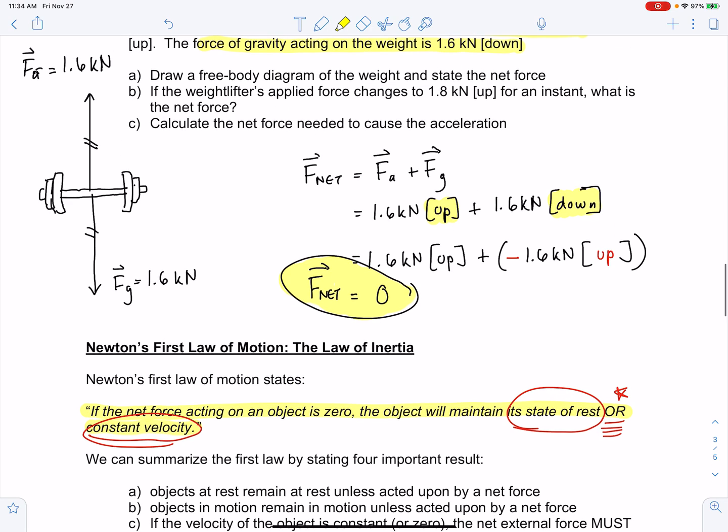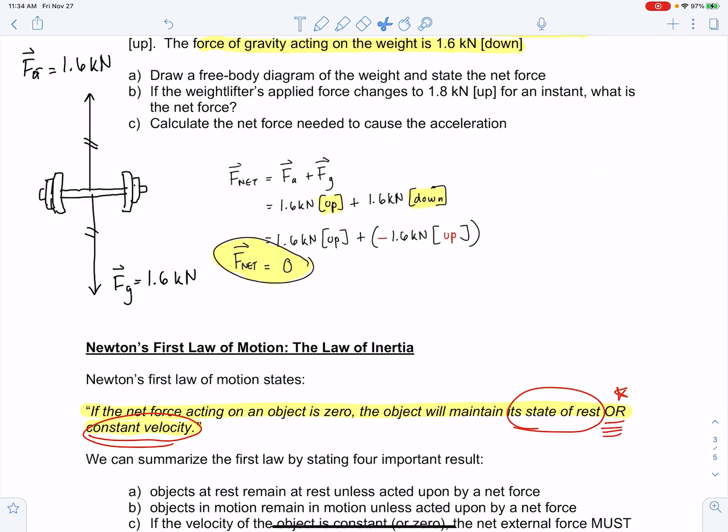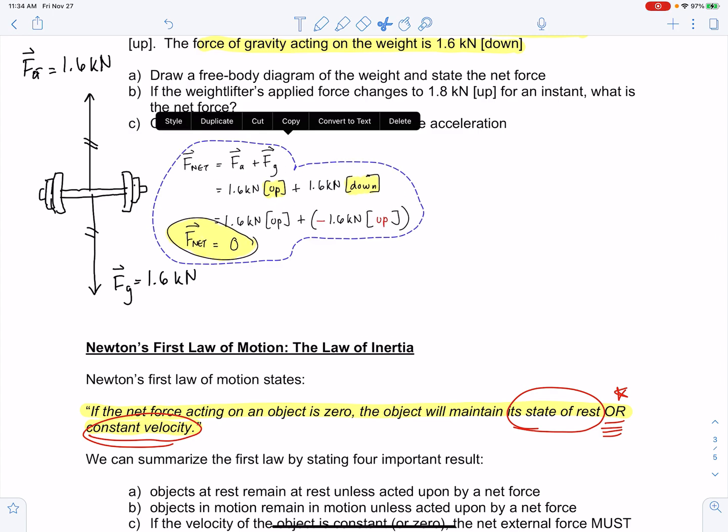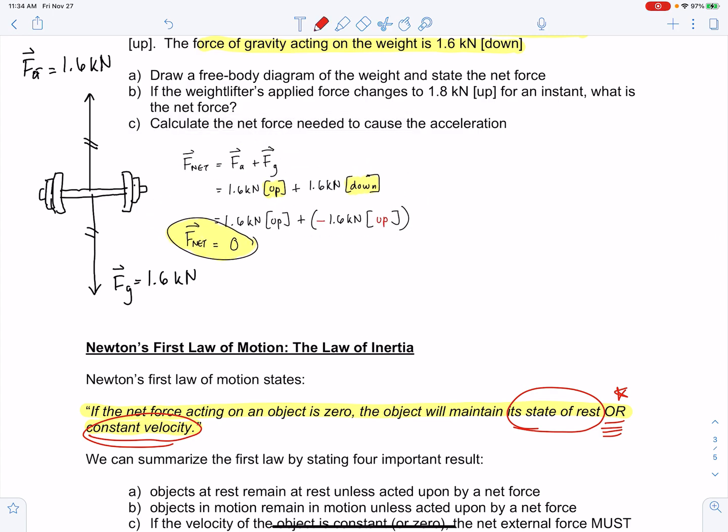In the example above, they asked us in part B to determine the net force if the weightlifter applied a force of 1.8 kilonewtons up.